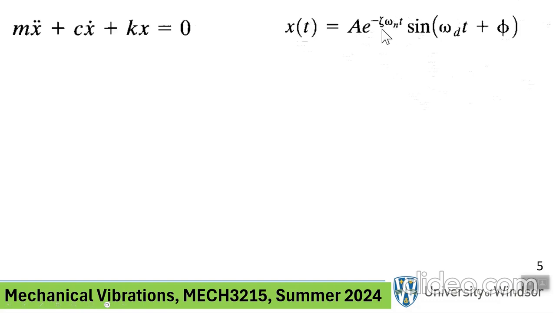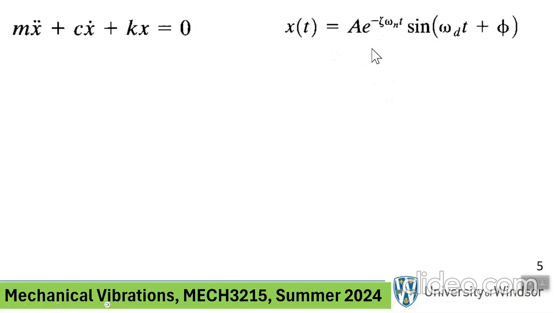What we don't know in this expression is A, and we don't know what zeta is. We do know what omega n is, because omega n was called the natural frequency. If you assume that this c x dot is not there, it's the equation that we derived and worked with in week 1, lecture 2, where omega n came out to be the square root of k over m.